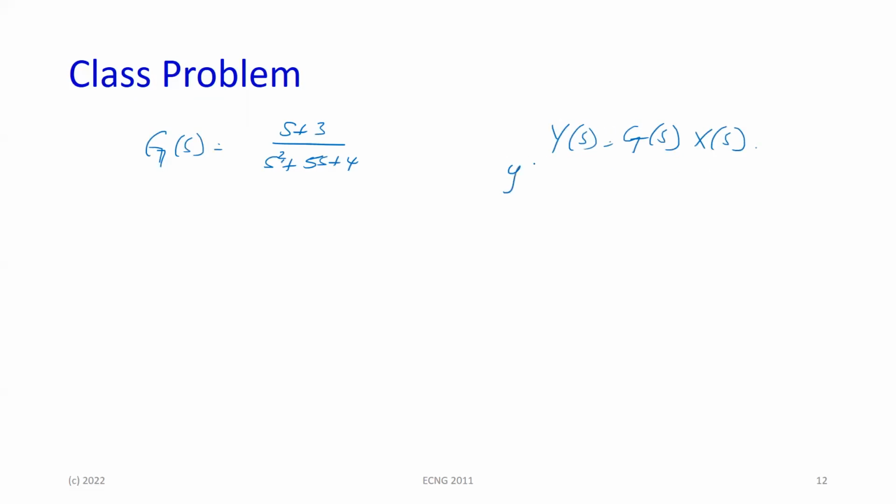So y(t), we said, is this with X(s) equal to 1. Anybody have an answer for that? E to the minus 4t. Okay, I'm seeing e to the minus 4t. Anybody else have anything?